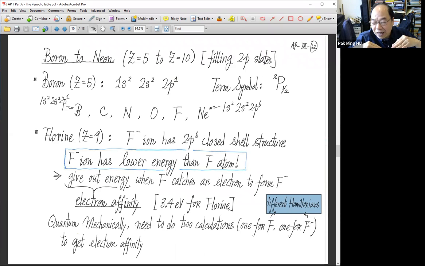And you realize that the fluorine ion is lower than the atom. The difference is called the electron affinity. So it's nothing trivial about it. It's quite quantum mechanical. I always think that if you want to learn physical chemistry and you don't have quantum mechanics at our level, it's quite a joke, I would say.